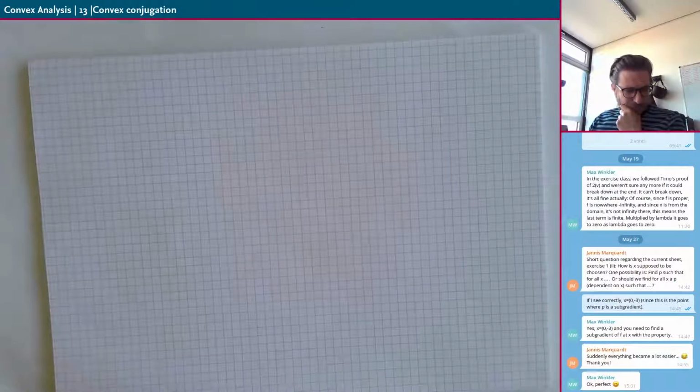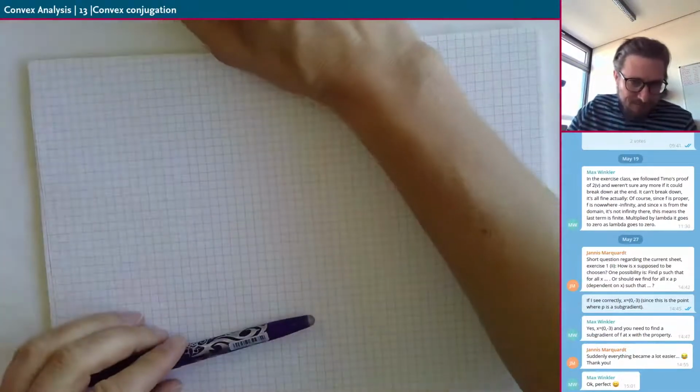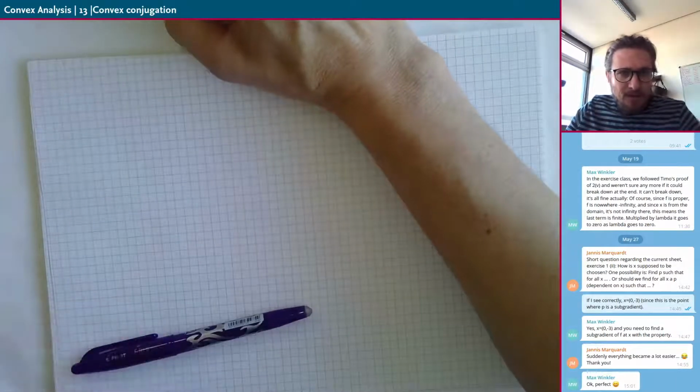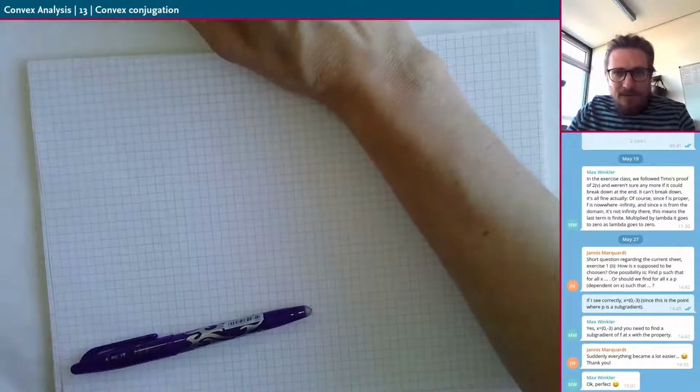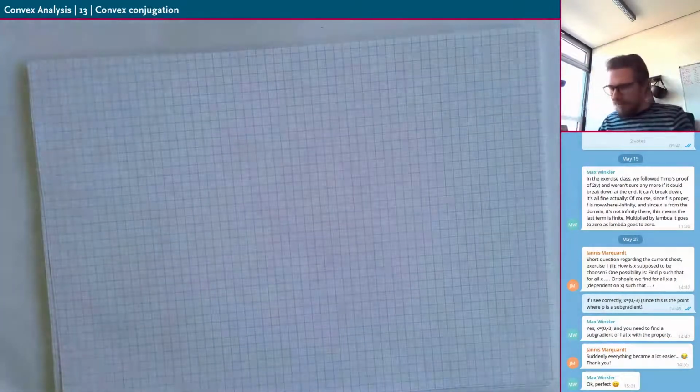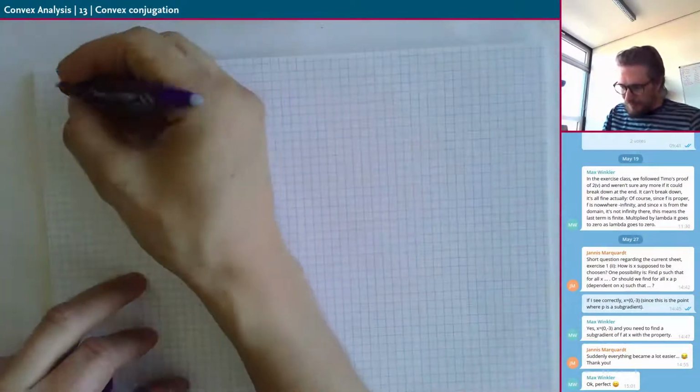But before we come to that, there's one important thing we need to talk about when it comes to convex functions, and this is the notion of convex conjugation. So lecture 13 is about convex conjugation.